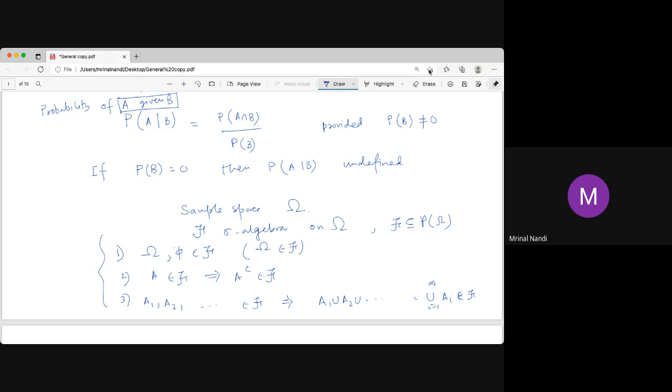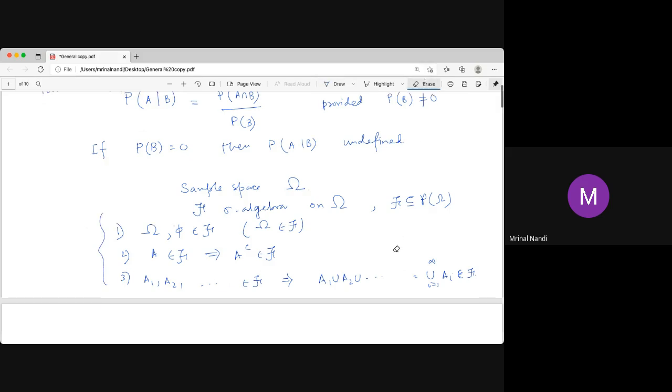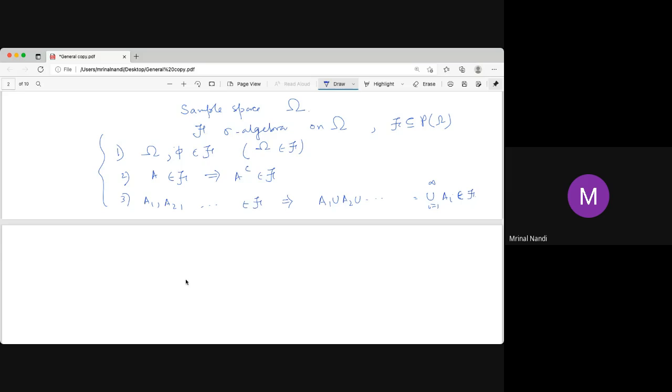Now, in our case, in the finite case, if this is finite, we shall take the sigma algebra to be just the power set. Now, this sigma algebra is called the event space.